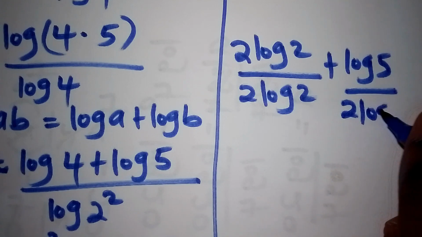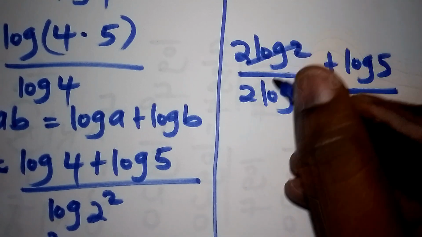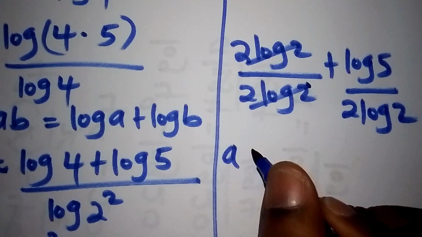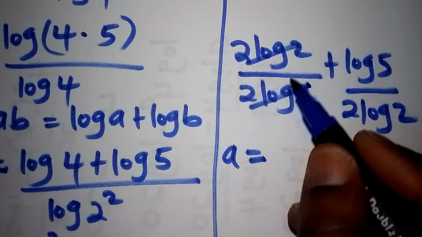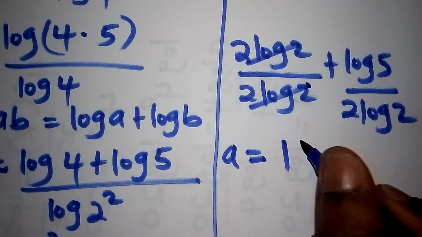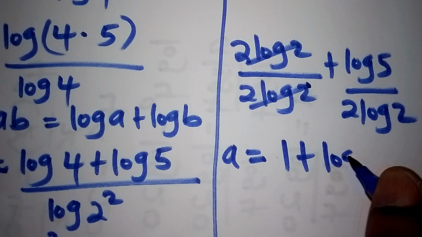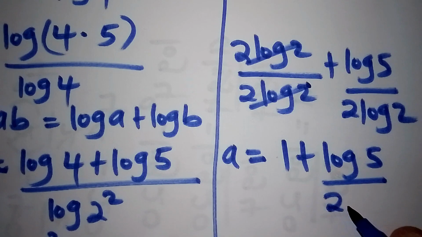Here 2 log 2 and 2 log 2 cancel each other, so our value for a remains 1 plus the log of 5 all over 2 log 2.